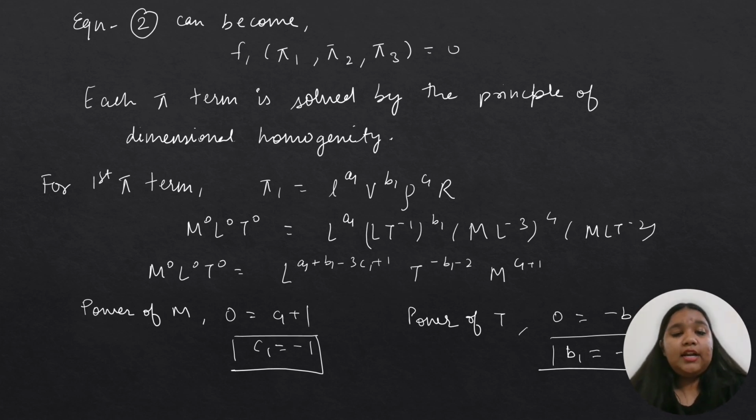So now on the right hand side we have the power of M as C1 plus 1, T as minus B1 minus 2, and L as A1 plus B1 minus 3C1 plus 1. Now we will compare the powers on each side. First for M, 0 equal to C1 plus 1, so C1 becomes minus 1. Then for T, 0 equal to minus B1 minus 2, so B1 becomes minus 2.